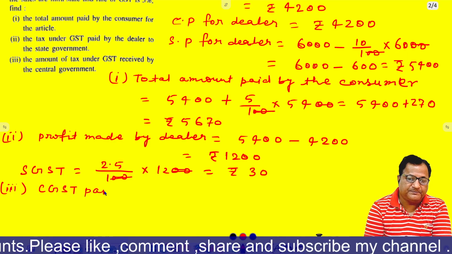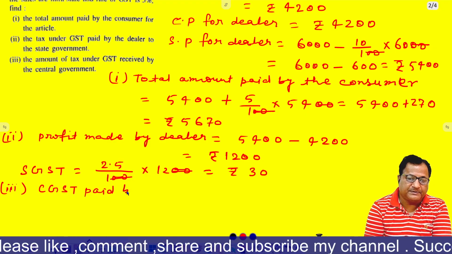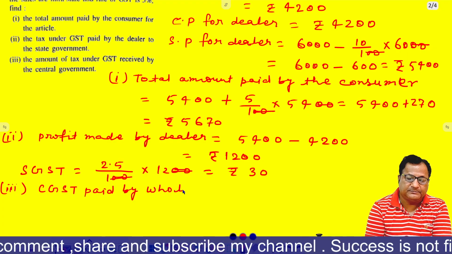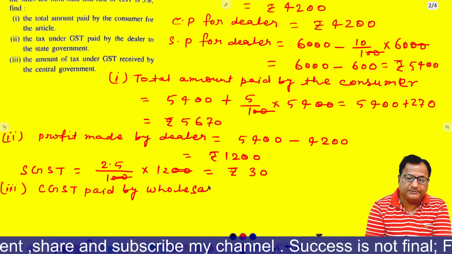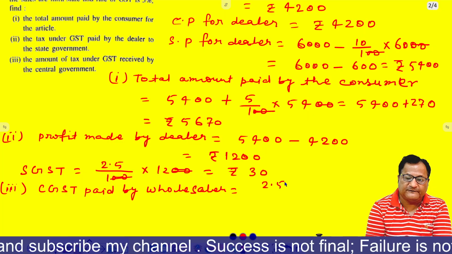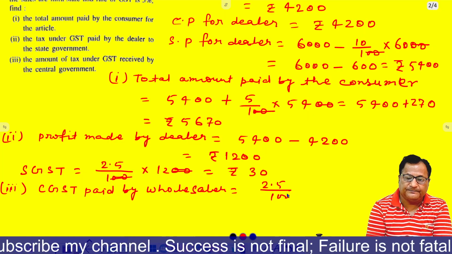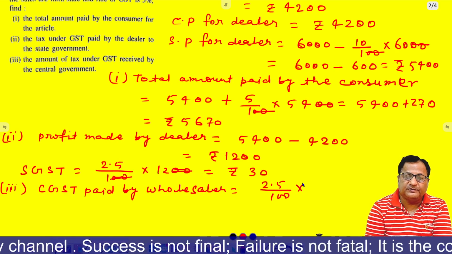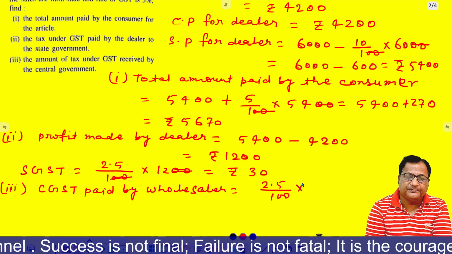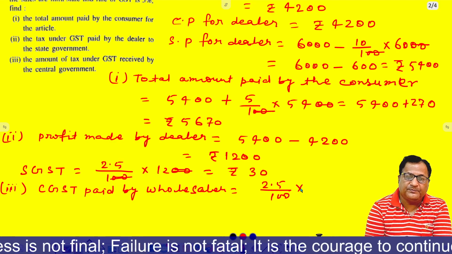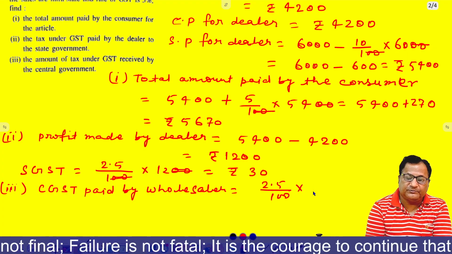CGST paid by the wholesaler is equal to 2.5 by 100 into CP for the dealer, SP for the wholesaler, 4,200.